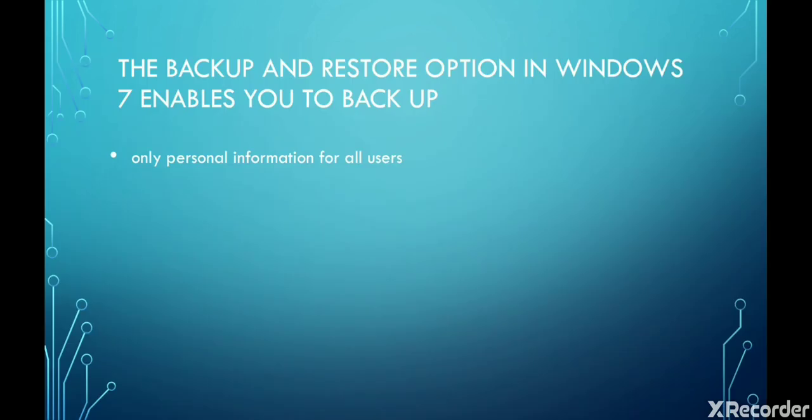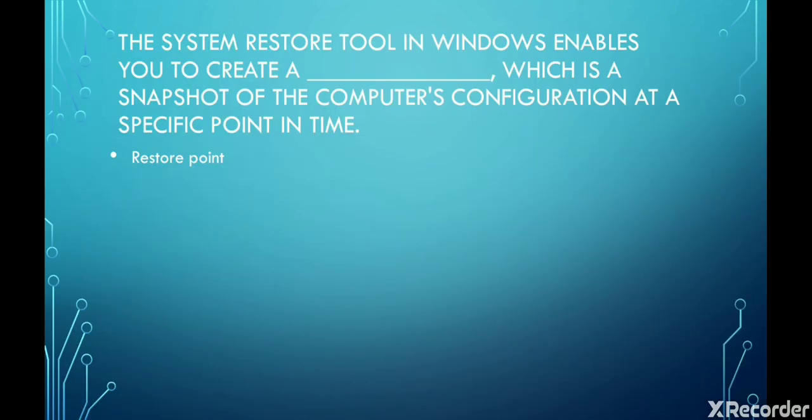The Backup and Restore option in Windows 7 enables you to back up all personal information for all users. The System Restore tool in Windows enables you to create a restore point, which is a snapshot of the computer's configuration at a specific point in time.